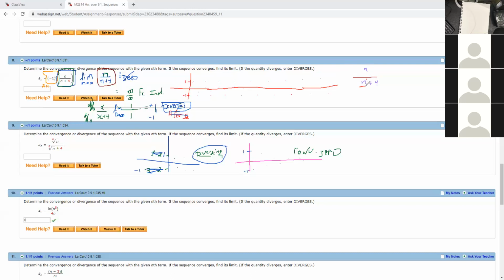So what you can also do is divide every term by n to the first power, and then simplify and take the limit there. So this is an alternative to L'Hopital's rule. And you can only do it when it's polynomial, like on top it's polynomial, on the bottom it's polynomial.